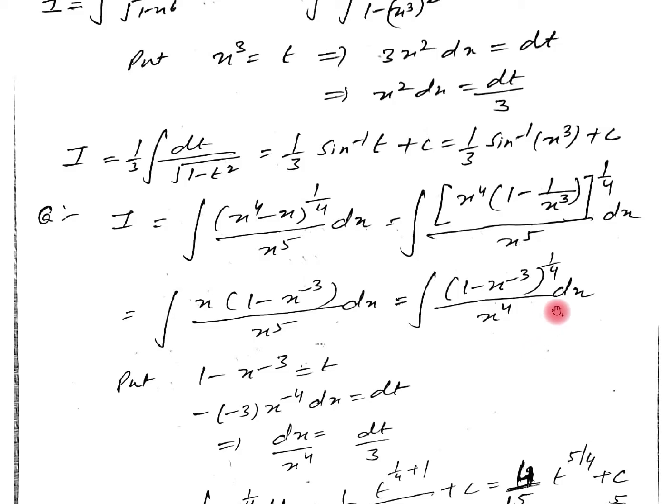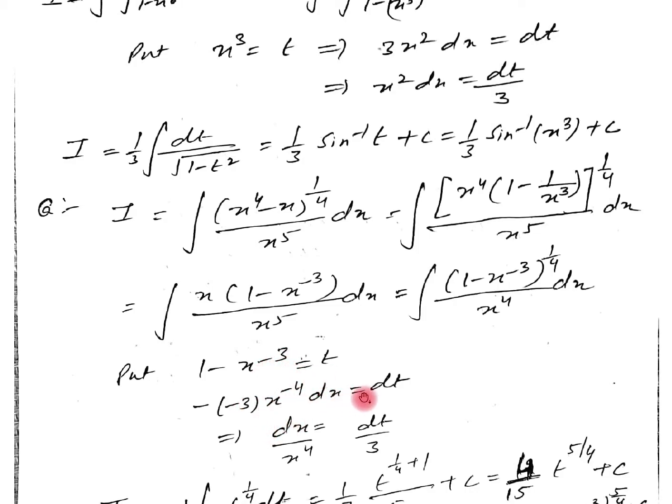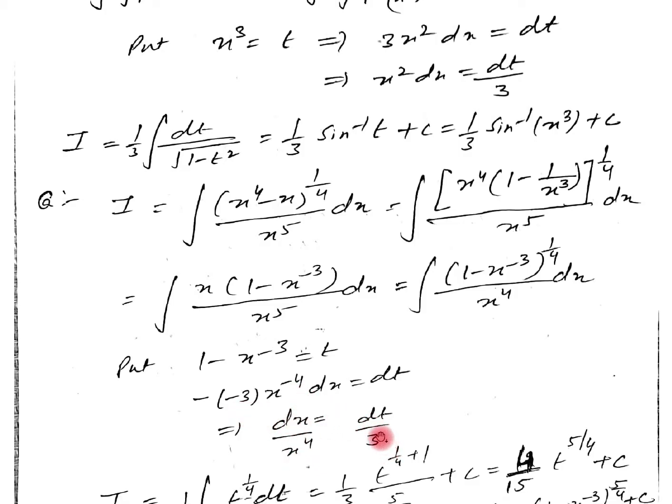x4 dx. Now taking 1 minus x raised to power minus 3 equal to t, differentiating both sides with respect to x, we get minus 3 into x raised to power minus 3 minus 1 dx equals dt. Then it becomes dx upon x raised to power 4 equals dt by 3.